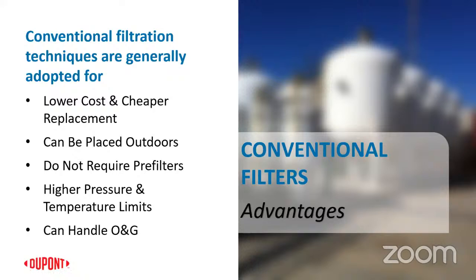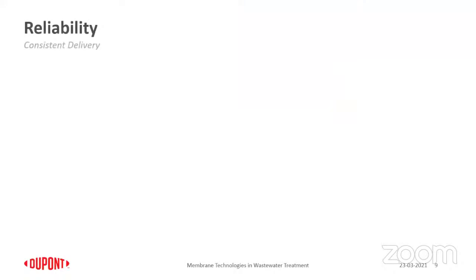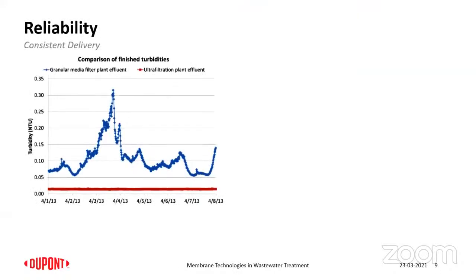But is this sufficient? So why the membrane technologies were being considered is this. What you see here in this graph is a comparison of two filters. One is a granular media filter, which is more like a sand-based filter. The other is a UF.